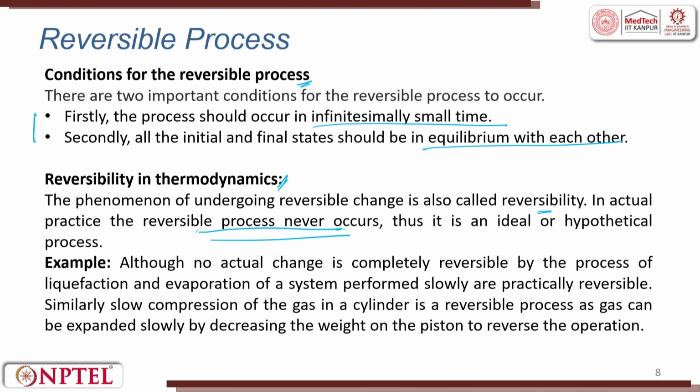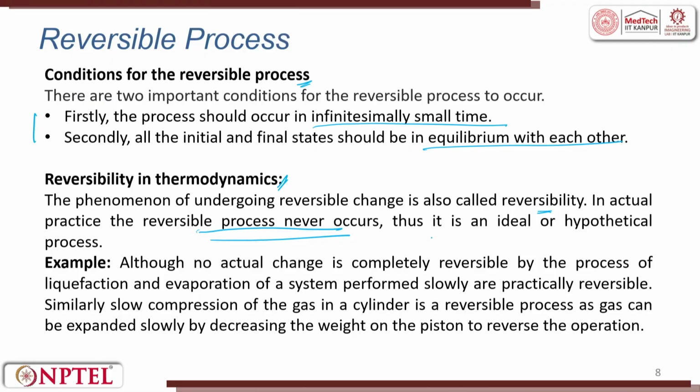In the problems you will see, they would have written in the question itself, it is a reversible process. So, the understanding I am trying to impress upon you is, please assume that the other conditions are constant. There is no heat loss, right? That's what it is. So, the reversible process never occurs. Thus, it is an ideal or a hypothetical process.